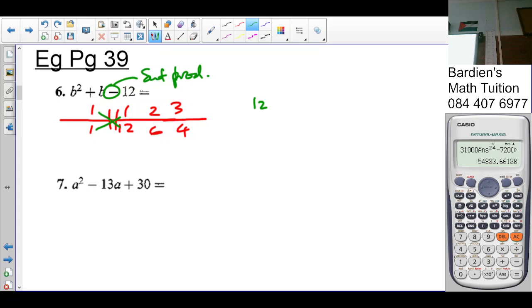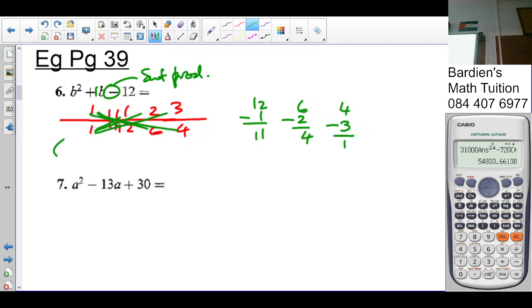What's 1 times 1? Subtract, you get 11. 1 times 6 is? 1 times 2 is? Subtract, you get 4. What are we looking for? We're looking for 1. 1 times 4 is 4. 1 times 3 is? Subtract, you get 1. And that's what I want.